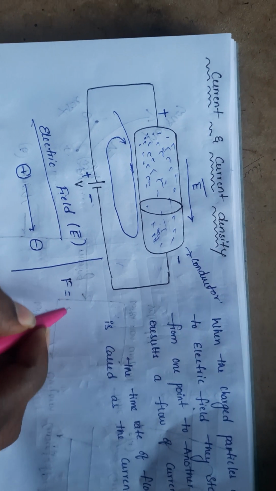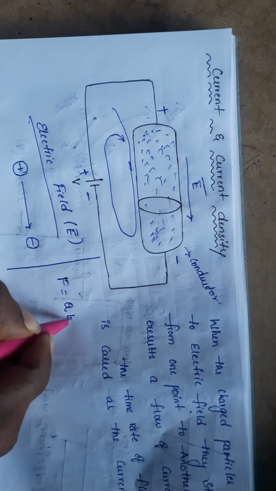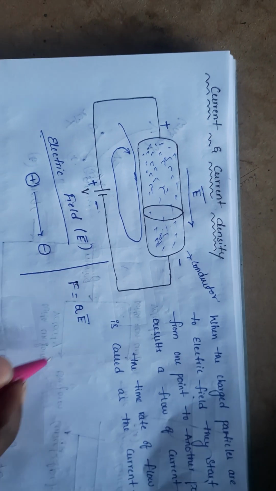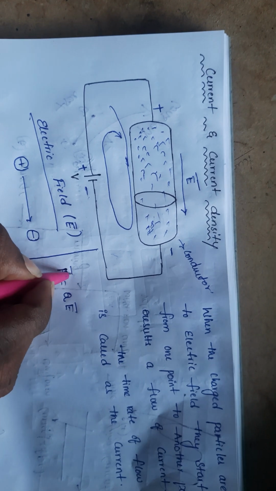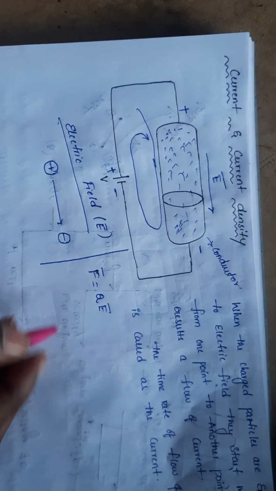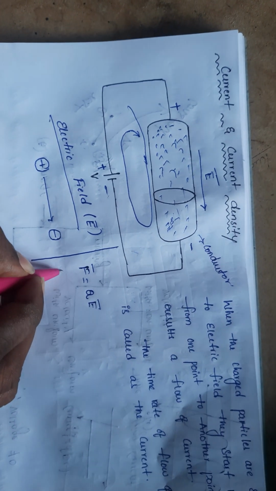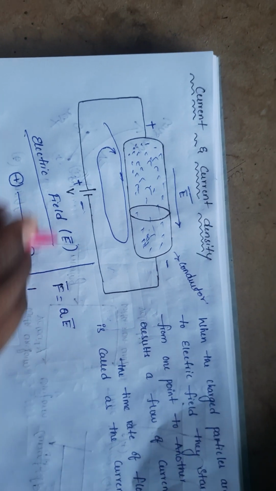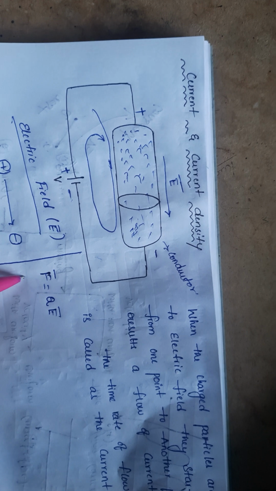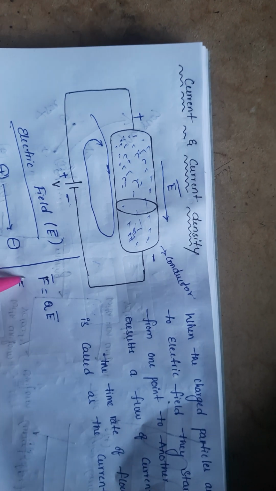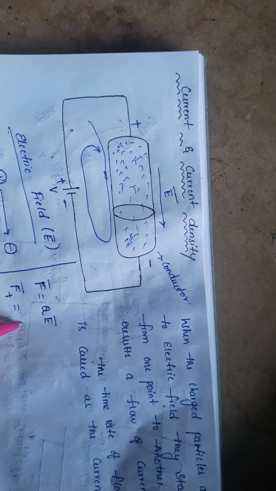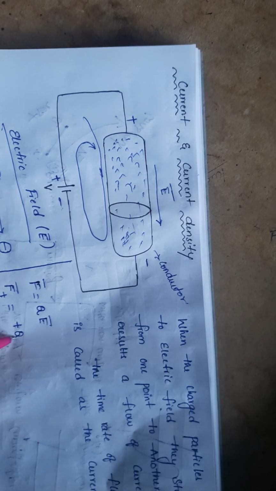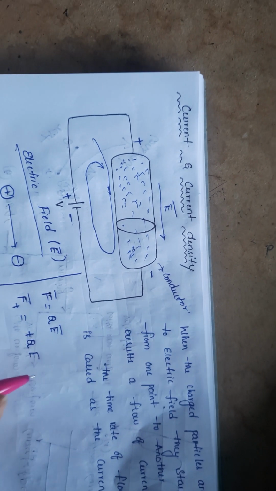Force equal to q into E bar. Q means charge, force is also a vector quantity. Okay, here positive charges, positive force. F bar plus equal to plus qE.